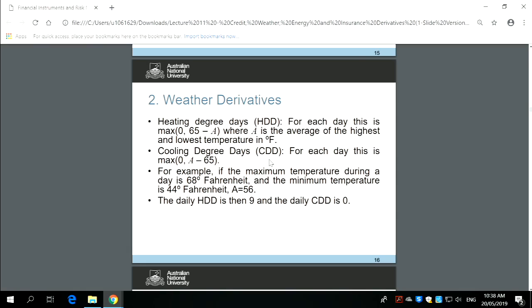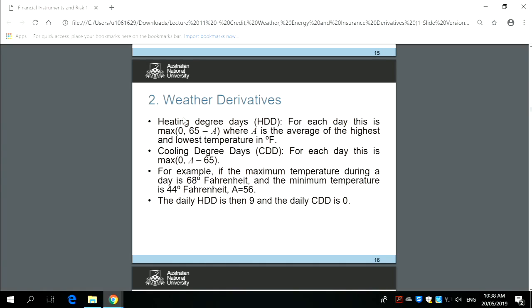On the other hand, we have something called CDD, which is cooling degree days. Cooling degree days measures how much electricity I need to provide for cooling. One thing you have to bear in mind is that all of this temperature is measured in Fahrenheit, because the weather derivative was introduced in the United States, and in the States, they use Fahrenheit.